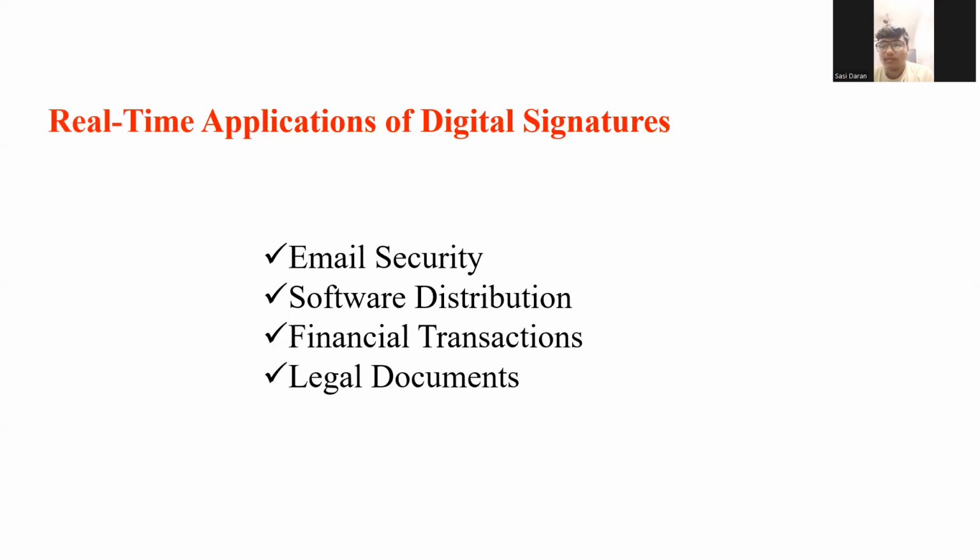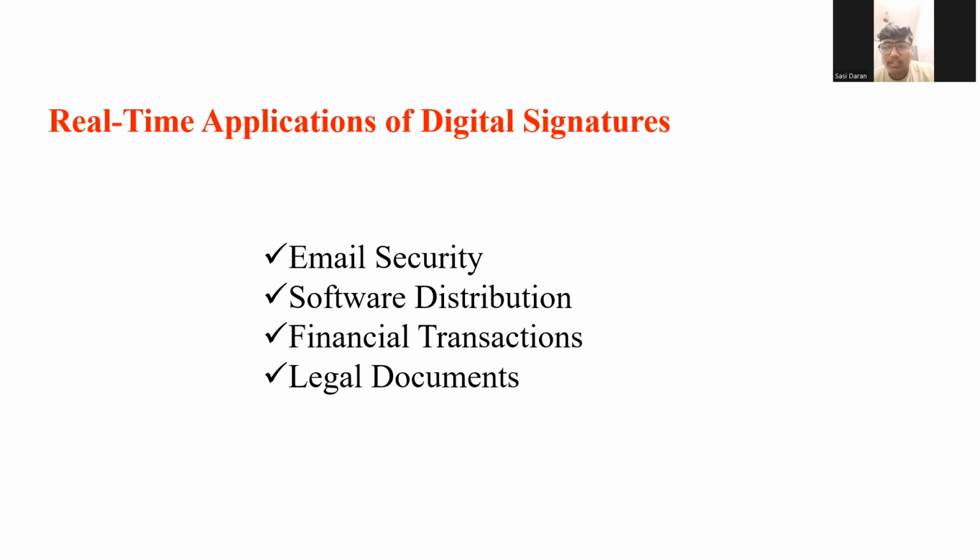Real-time applications of digital signature. Here we are going to see email security. Description: ensuring the integrity and authenticity of email messages. Example: protecting against phishing and spoofing. Software distribution. Description: verify the authenticity of software downloads and updates.